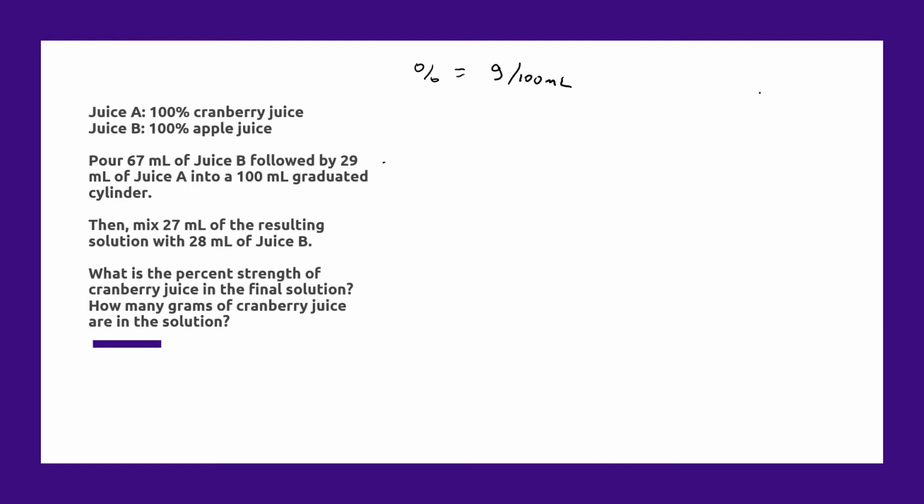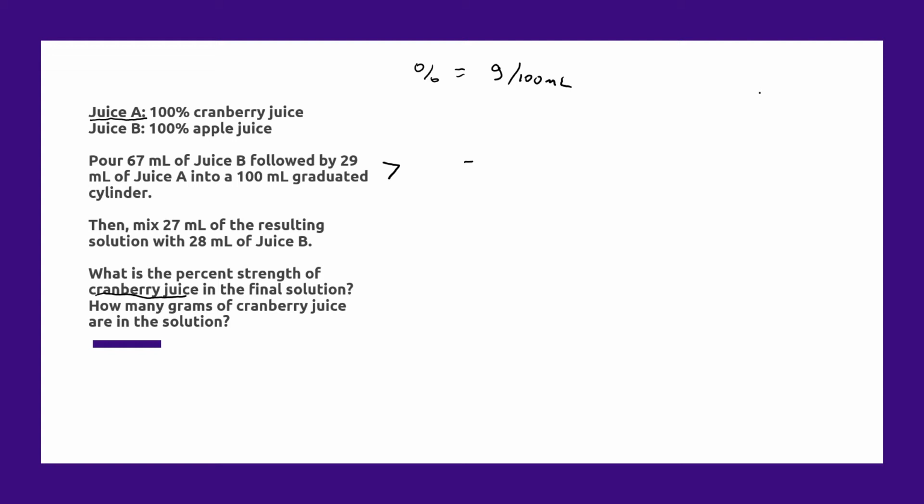So we'll start with this first step. Remember, ultimately they're asking us about cranberry juice, which is juice A. If we pour 29 milliliters of juice A and mix it with 67 milliliters of juice B, we need to figure out how many grams of cranberry juice we'll have in that resulting solution.